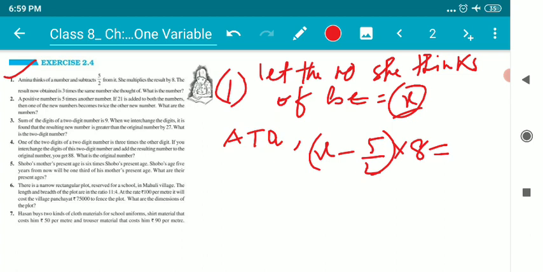That is, if she subtracts 5 by 2 from x and multiplies the result with 8, then the result becomes 3 times the number she thought of. So she thought of number x, and that is equal to 3x, children.